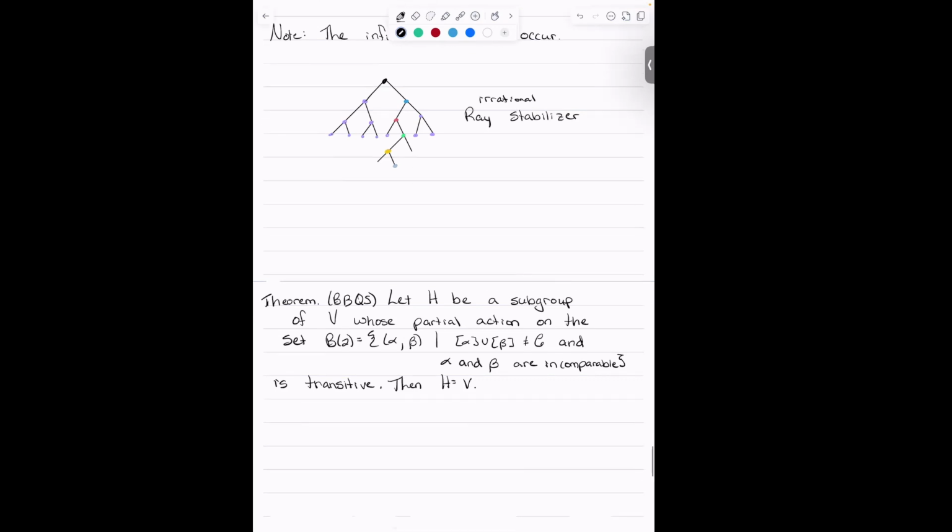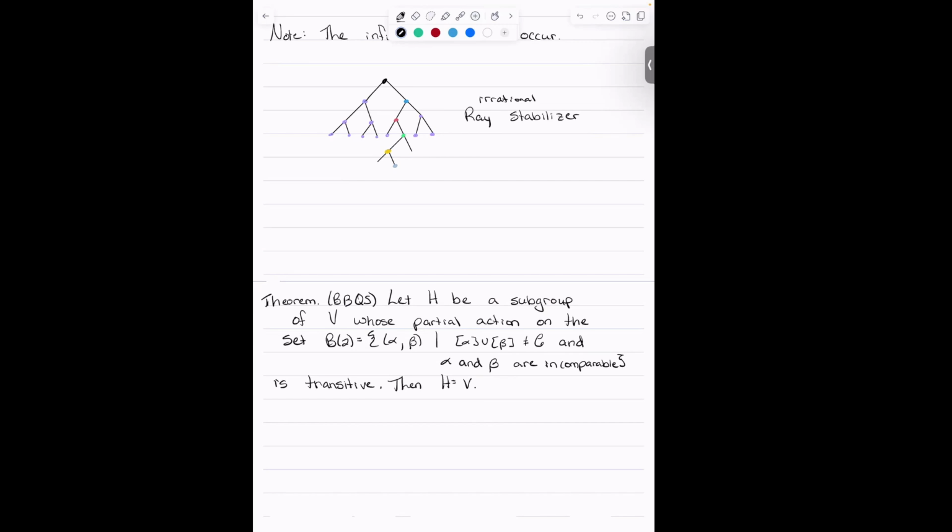So if we take some subgroup of V and we consider the partial action, not on cones, but now on pairs of cones, right? Because of the action of V, we need the union of the cones to not be the full Cantor set, and we need one to not be a child of the other.